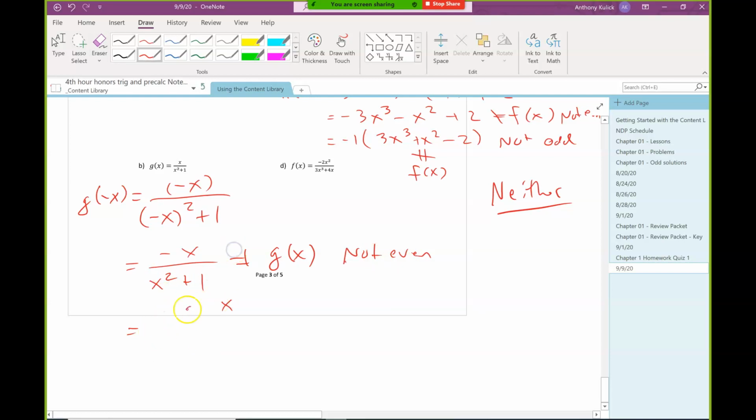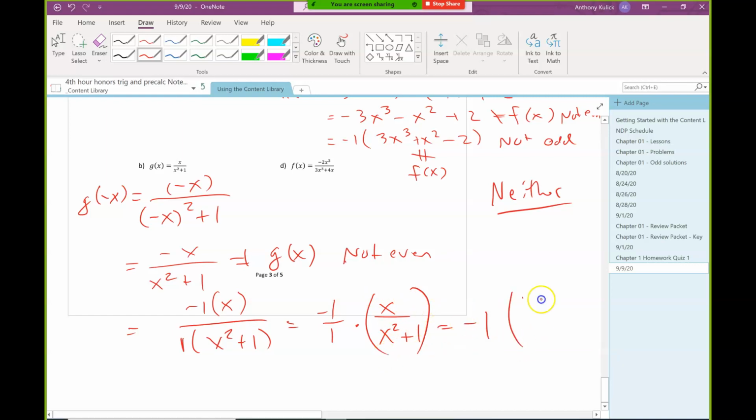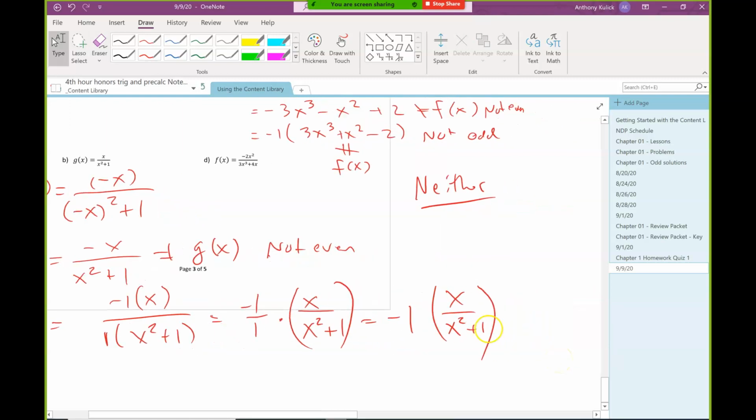But I can't take anything out of the denominator other than a positive, right? I can think of that really as just negative 1 over 1 times that, right? And that's really just the same thing as this. You agree? Which is negative g of x. So it is odd.